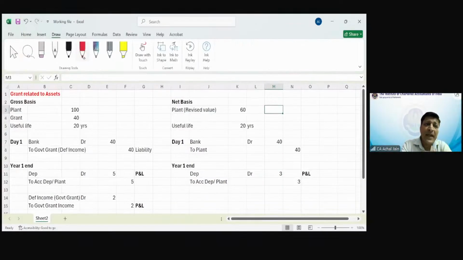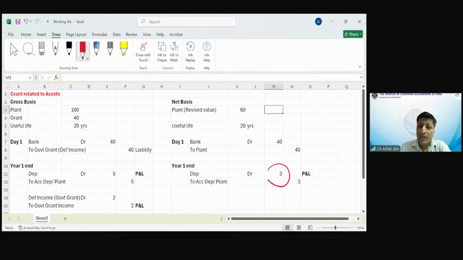Now, in this case, if you look at the P&L impact, what is that? 3 crore. If you follow gross basis, then what is the P&L impact? 5 crore will go to a charge, 2 crore will go to income.